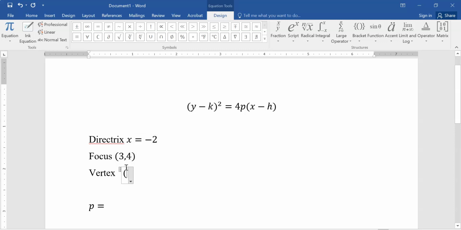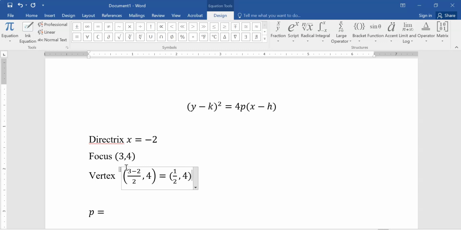So what we will do is take 3 and add -2, and then divide by 2. That will be our x value. Our y value is just going to be 4. Hopefully you notice that. So our vertex is going to be the point (1/2, 4).